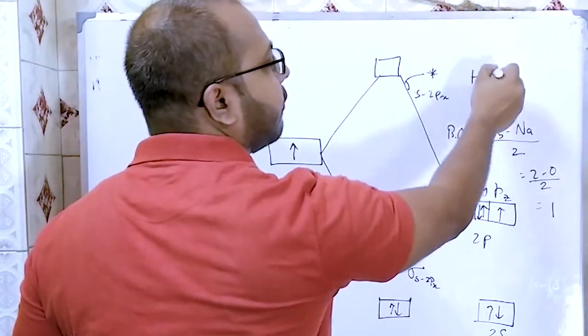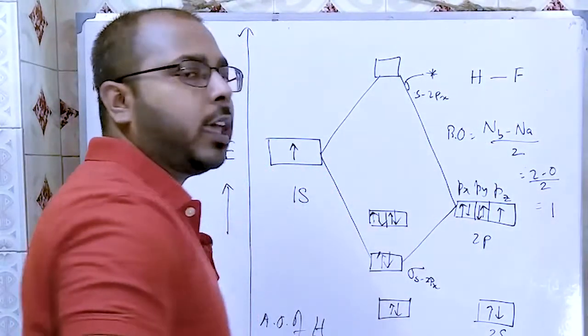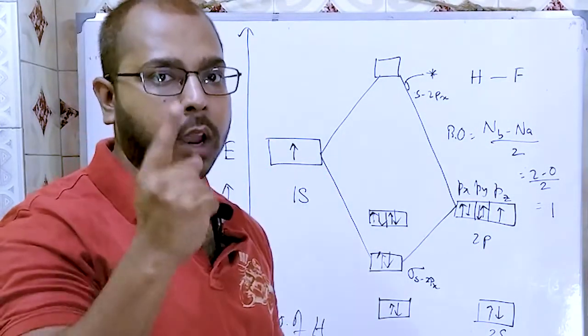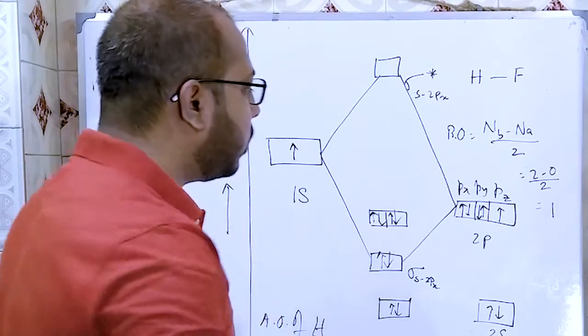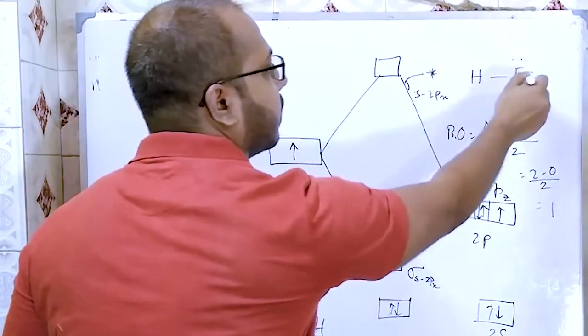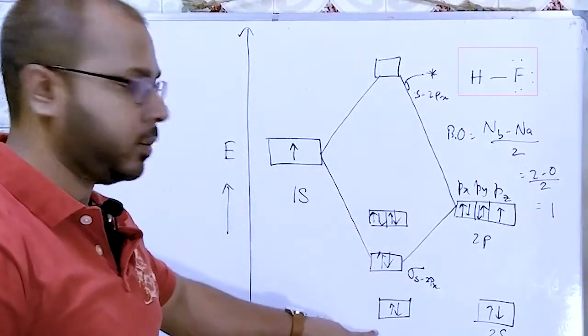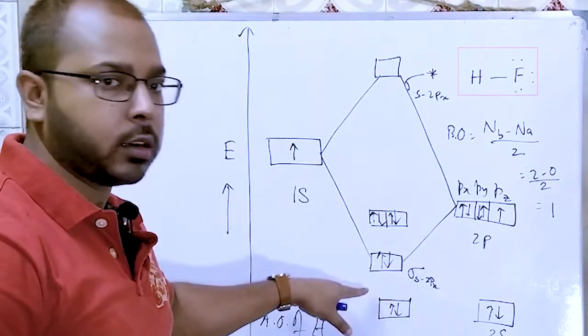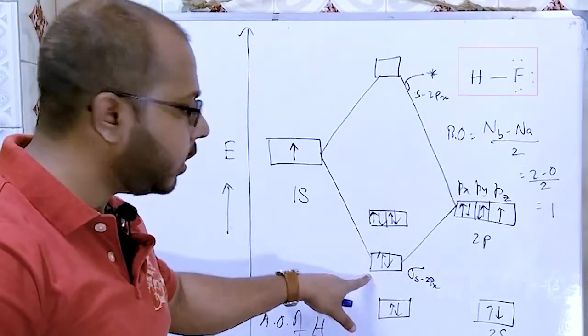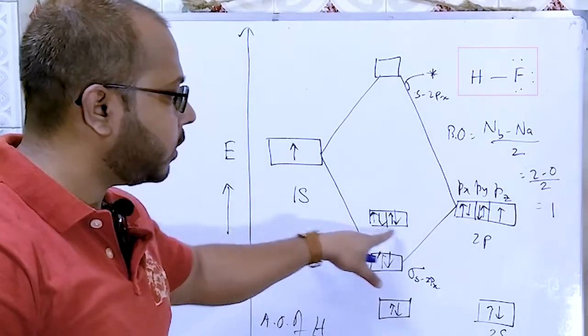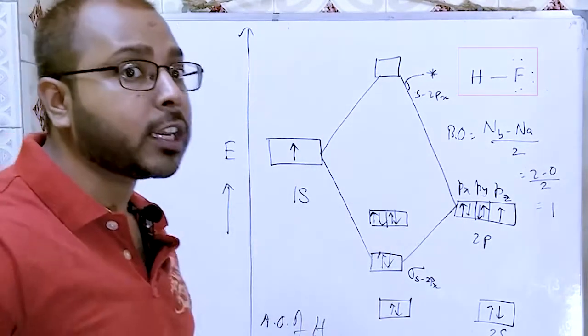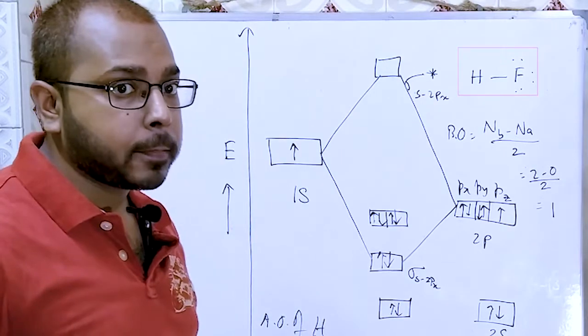So how many bonds form between H and F? Only 1. And the lone pairs, this one, this one, this one, are not taking part in chemical bonding. Got it?